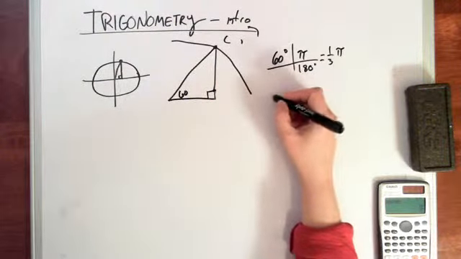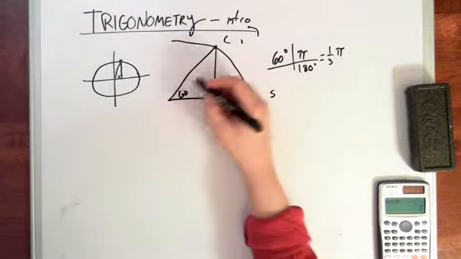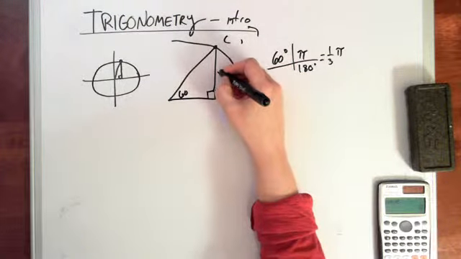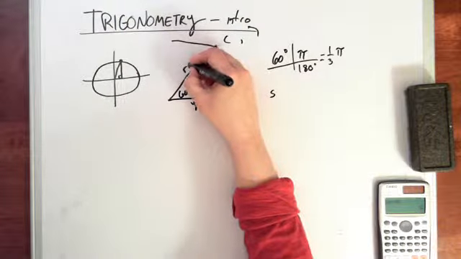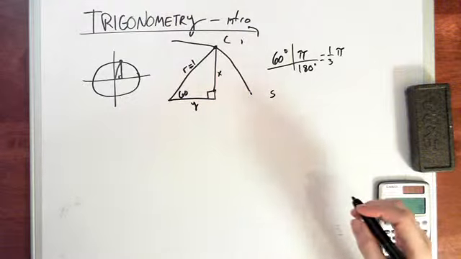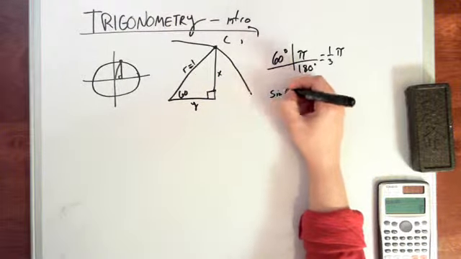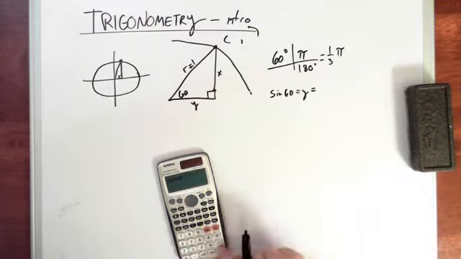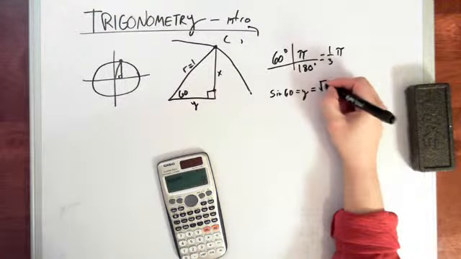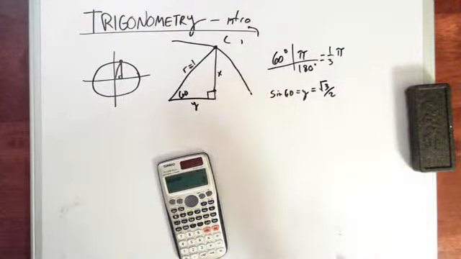So let's keep going forward on this, and let's say that I want to find my x and my y, and again my radius is equal to 1 on the unit circle. So sine of that 60 degrees is equal to y, which is equal to the square root of 3 over 2.